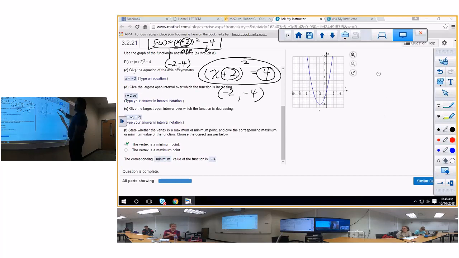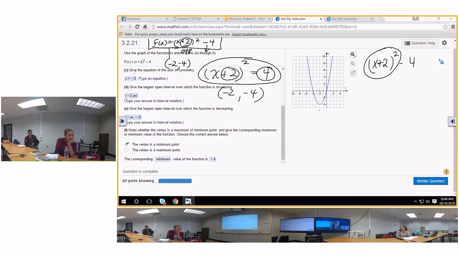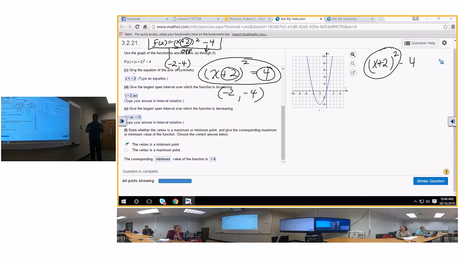Let's go with (x + 2) squared minus 4. I'm going to show you a trick. What is this? Shortcut number 1. All right, now expand that.